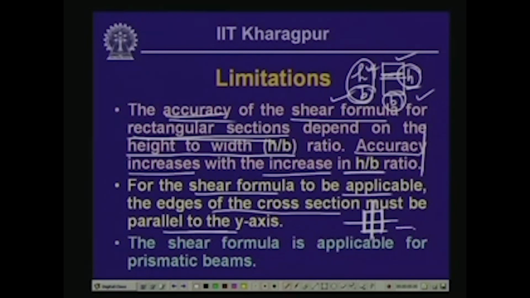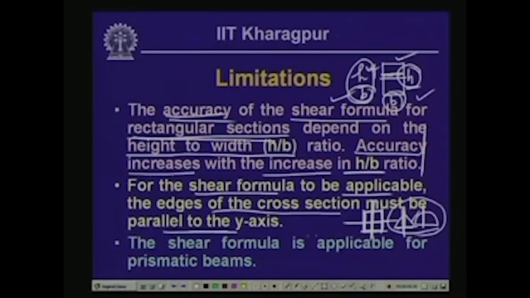Now, if you have a triangular section, or a semicircular section, the edges are not parallel to the y axis, and the shear stress formula cannot be used for evaluating stresses for such cross sections. So, this is one of the prime limitations of the shear formula.